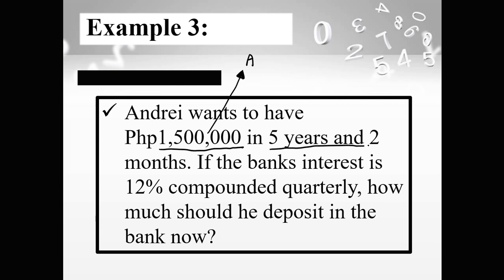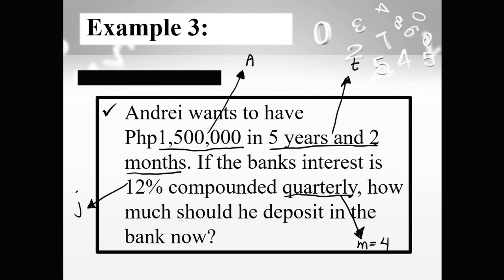Okay, next, we have 5 years and 2 months. Of course, this is our time. If the bank's interest is 12%, which is the nominal interest rate, compounded quarterly, which is the conversion per year, that is M, quarterly, you need to pay 4 times.